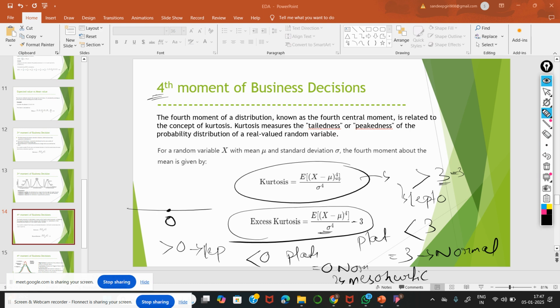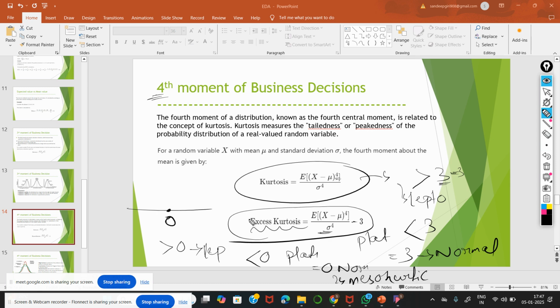So if someone asks, sir, why did you subtract 3, you say: to make the origin 0, or to compare the values from 0 we have to deduct 3. The 3 was excess, we subtracted it, and that gives the excess kurtosis.